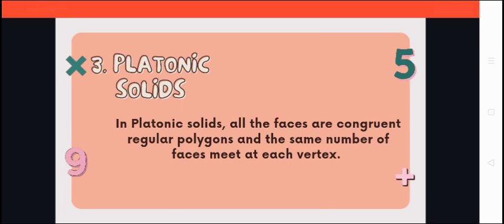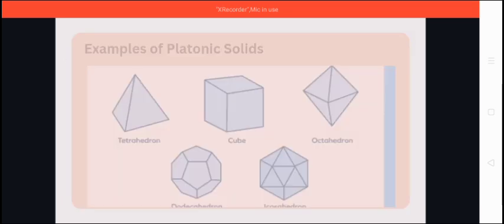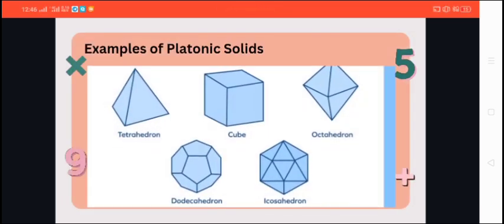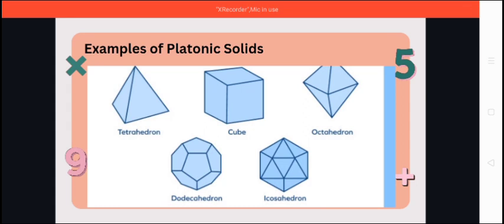So let's proceed to platonic solids. In platonic solids, all the faces are congruent regular polygons, and the same number of faces meet at each vertex. We have here some examples of platonic solids: the tetrahedron, cube, octahedron, dodecahedron, and also the icosahedron.